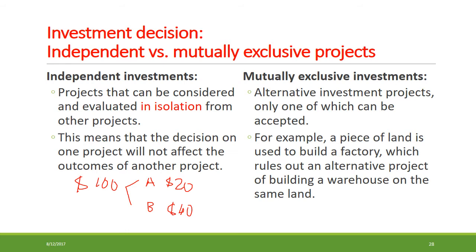So the funding that I have can be used to invest in both A and B. The cost of investing in both A and B is only $60, but I have $100. And because A and B are produced independently, I don't have to worry about exhausting my production lines.